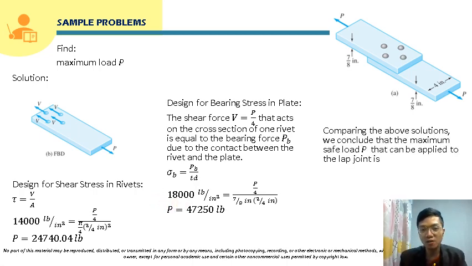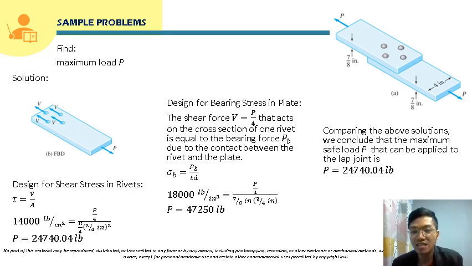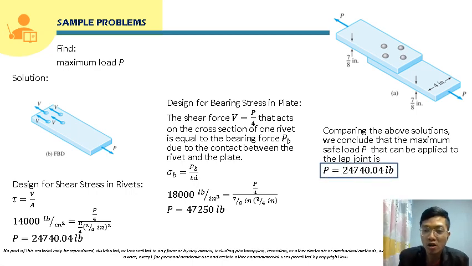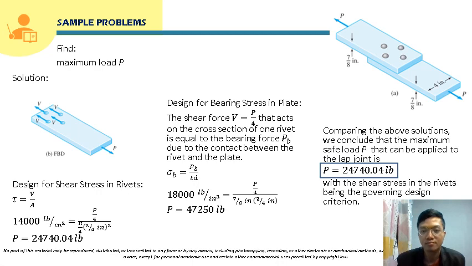The answer for this, the largest safe load P that the plate and the rivet can carry, or can be applied to the lap joint, will be 24,740.04 pounds. This is now the answer, with the shear stress in the rivets being the governing design criterion.